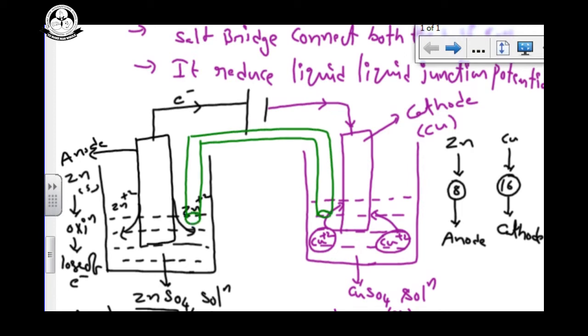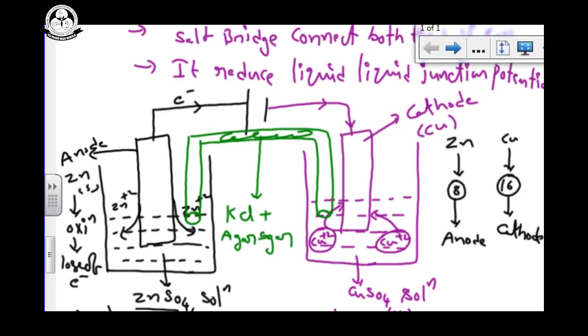That glass tube is filled with an electrolyte with agar, which is an organic gel paste. Salt bridge will be helpful for the migration of ions.